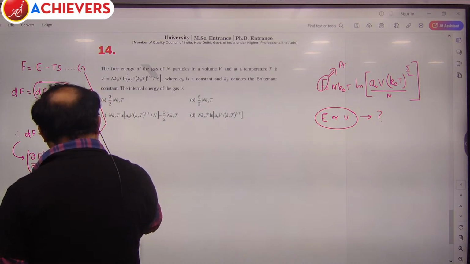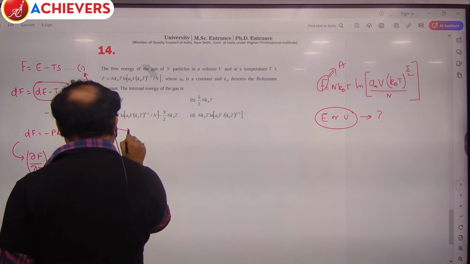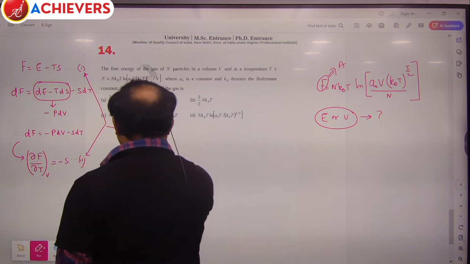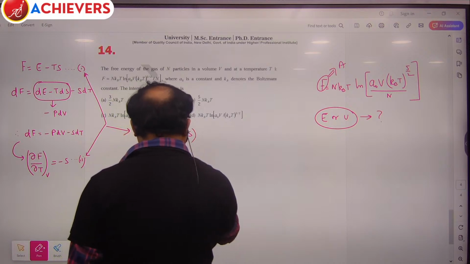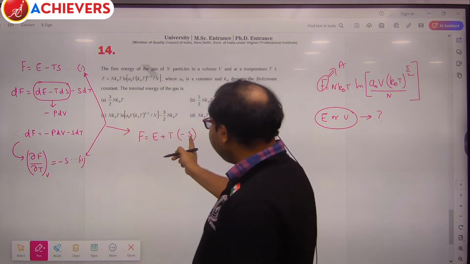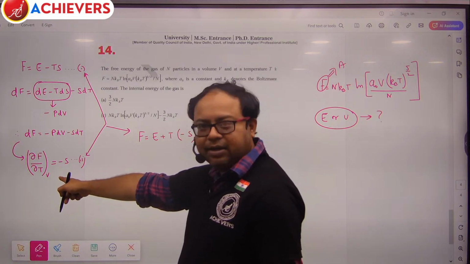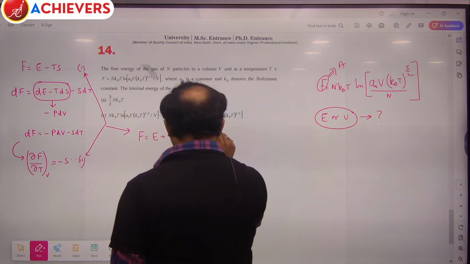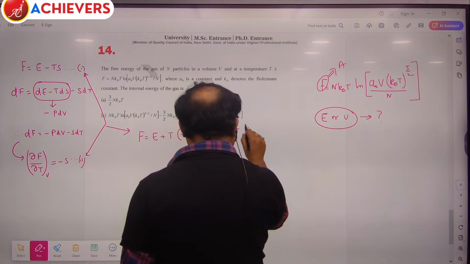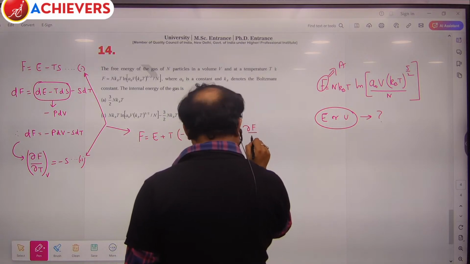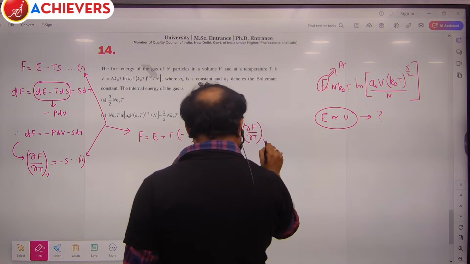If you combine these two equations, what are we getting? F equal to E plus T multiplied by minus S. In place of minus S, we will be substituting this particular parameter, del F del T at constant V. So it becomes E plus T multiplied by del F del T at constant V.